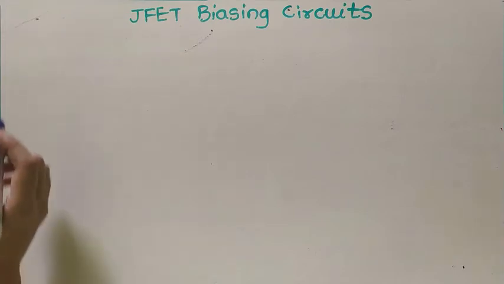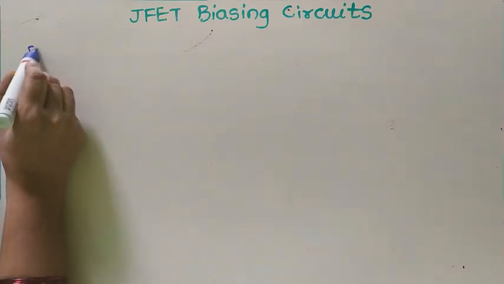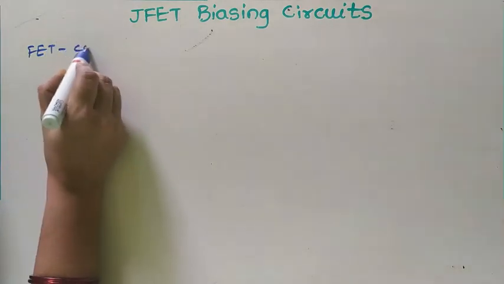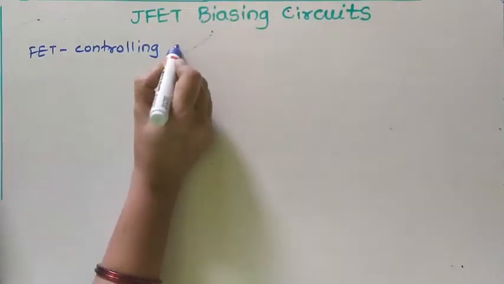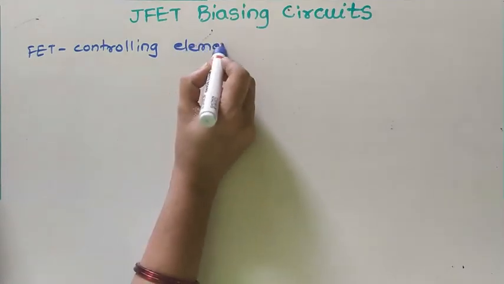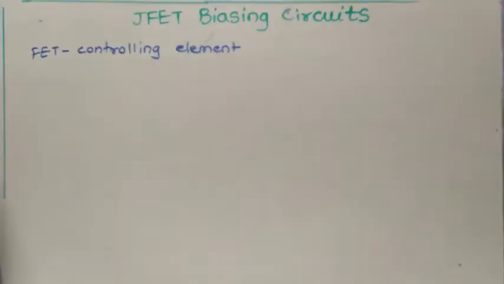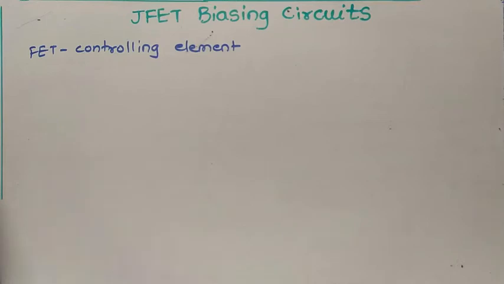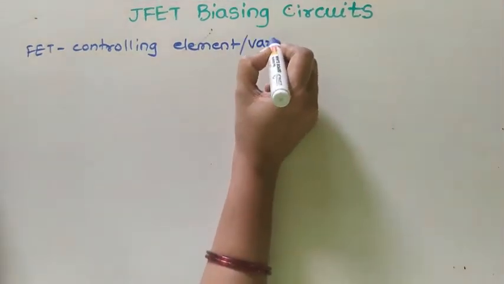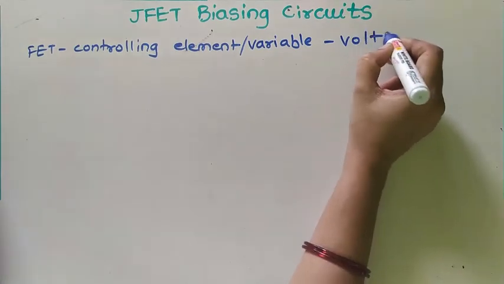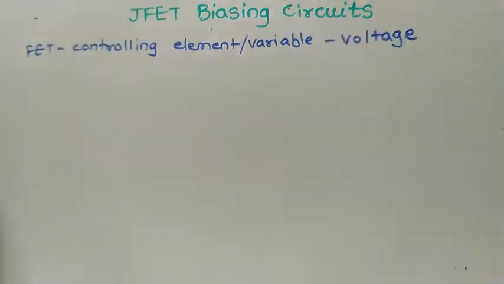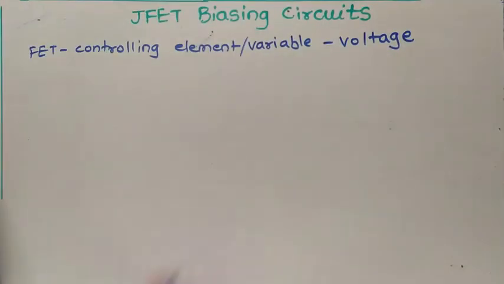There we have studied that for FET the controlling element or variable is nothing but voltage. Means for FET the input voltage is the controlling variable.